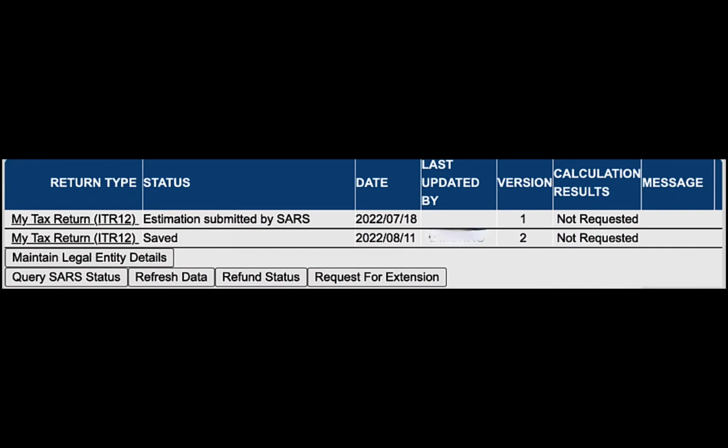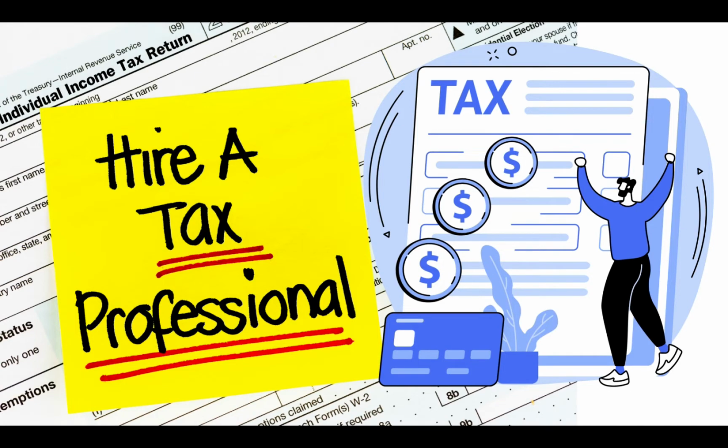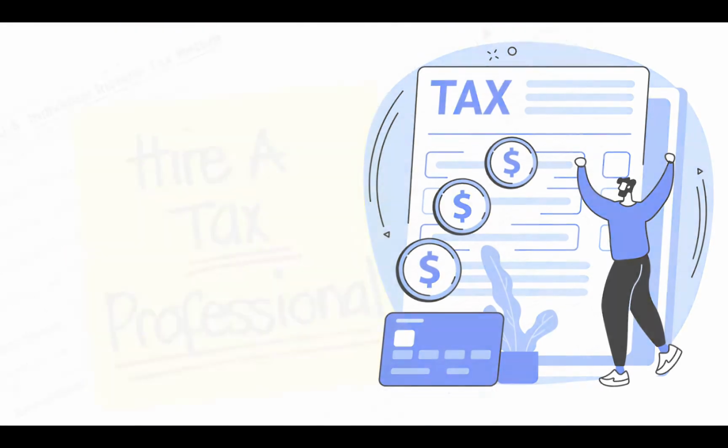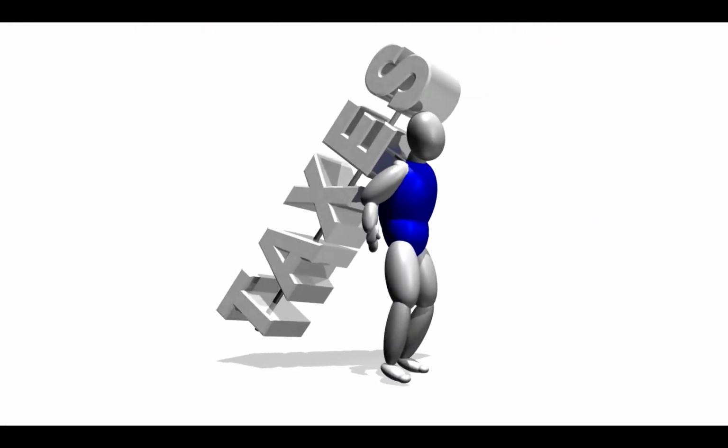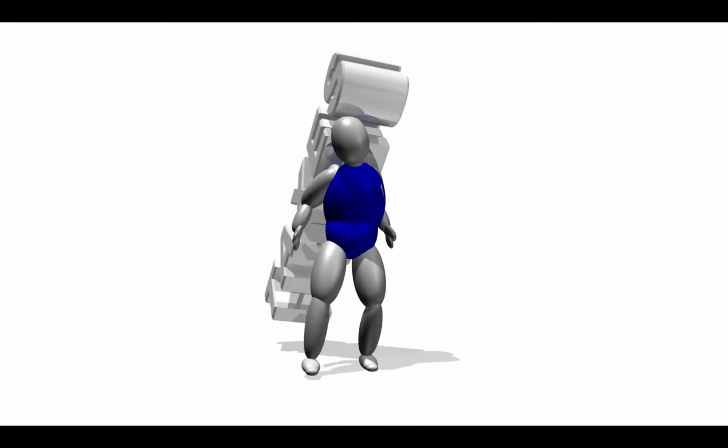A word of advice is to always check the auto assessments performed by SARS, or to get a professional tax practitioner to check it for you, because you might be on the bad end of the stick of overpaying tax, which is never a good experience.